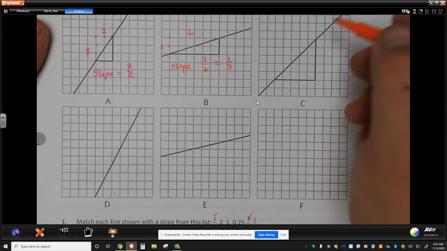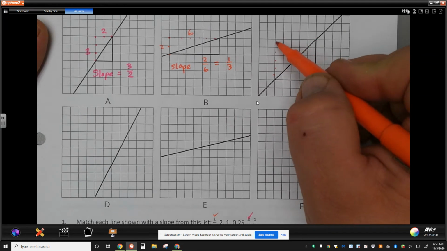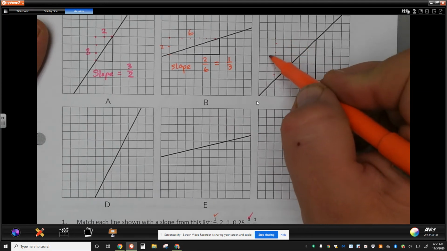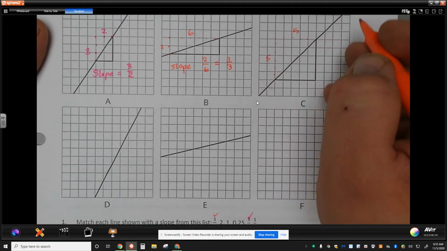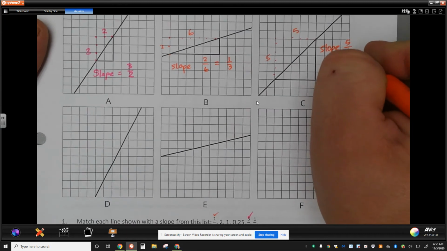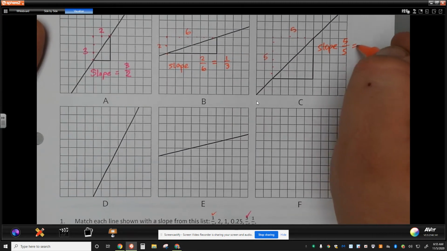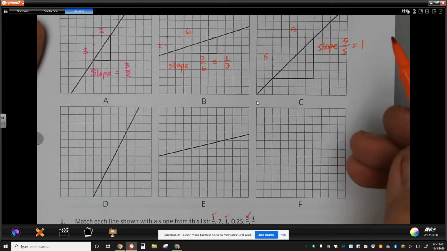That one's done. This next one, we're going to rise 1, 2, 3, 4, 5 to that point, and then run 1, 2, 3, 4, 5 to that point, giving us a ratio of 5 divided by 5, which we know is equal to 1, telling us that our slope is 1.